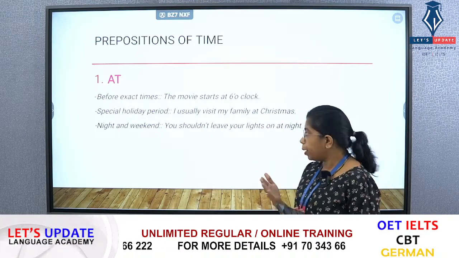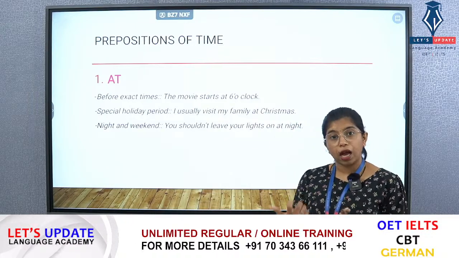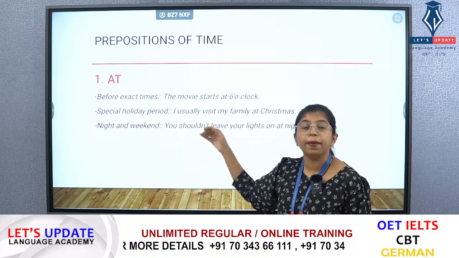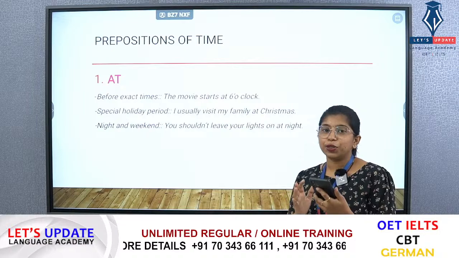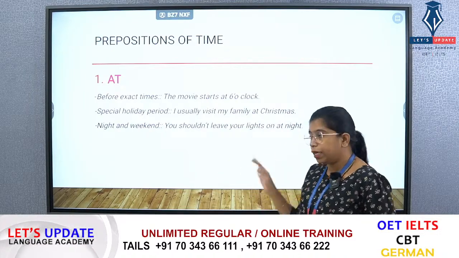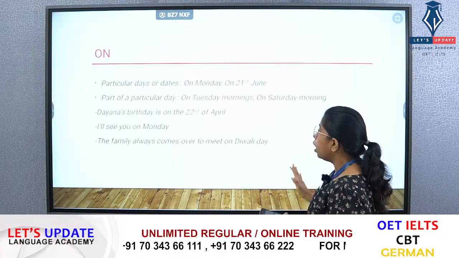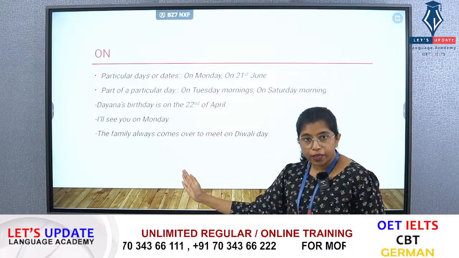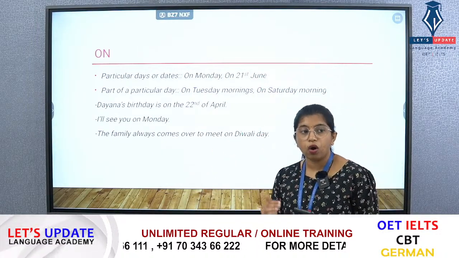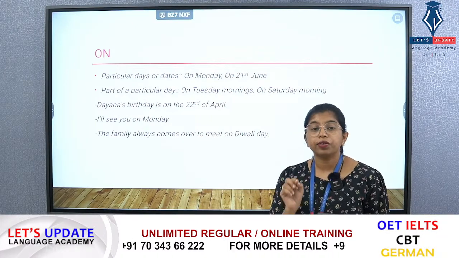I am not mentioning the exact day where my family members gather. I just give an example like it is a holiday period. But here it is given as the family always comes over to meet on Christmas day or the Diwali day. So I am mentioning a particular day, Christmas day.